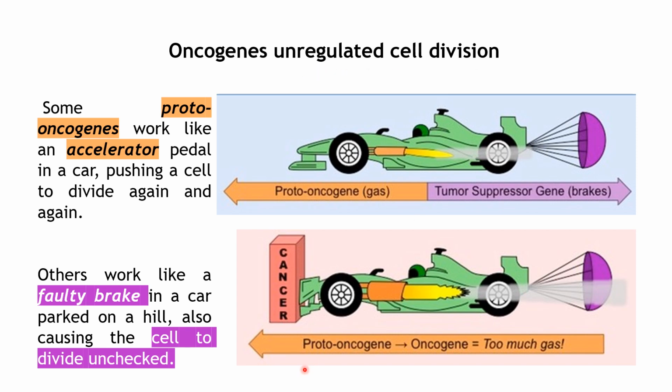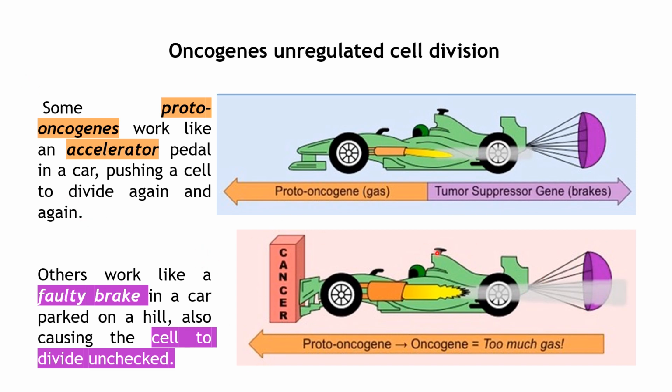Okay, so in the second schematic, you can see that the proto-oncogene turned into an oncogene, and now you have too much gas. In the case of cell division, you have too much proliferation, so you end up breaking the car, because you are not stopping at the right time. Although the brakes are there, you still have too much gas and you can still crash the car.